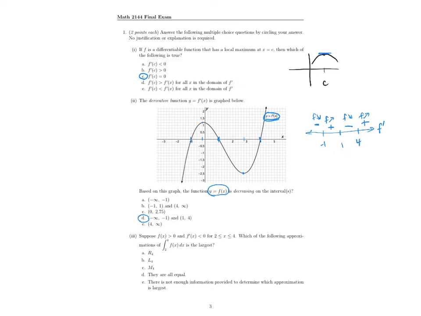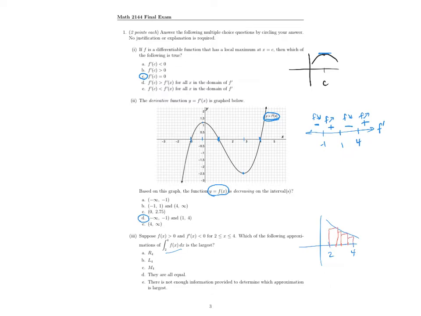Okay, the next one, I'm told that f is greater than 0, and f prime is less than 0 for 2 to 4. So I have something greater than 0, and the derivative is less than 0, so it's a decreasing function between 2 and 4. Which of the following approximations is the largest? A right-hand sum would be taking rectangles from the right. So we want to do a right-hand sum with 4 rectangles, taking measurements from the right side of each of these intervals.